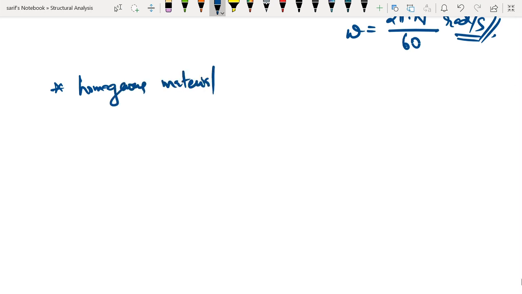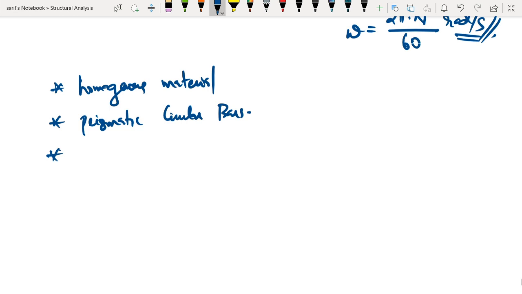Homogeneous material is one assumption. The second assumption that we have used while deriving this theory is prismatic circular bars, that is, bars having the same cross section.